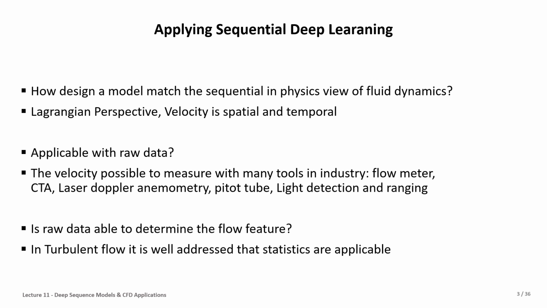As we mentioned in Lecture 9, there was a statistical approach suggested by Taylor in 1935, and this is the fundamental of the statistics applicable in turbulent flow. So we can use the measured data from the statistical approach for turbulent flow studies and use them maybe for prediction or simulation.